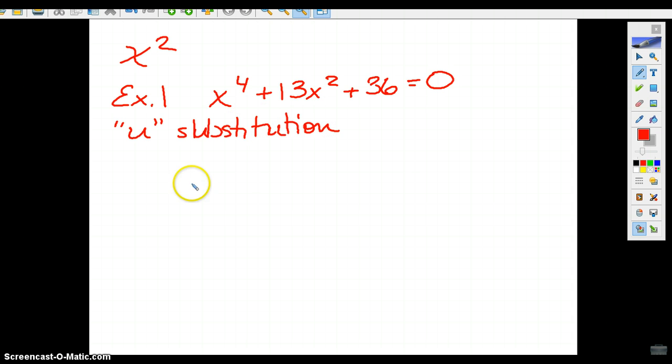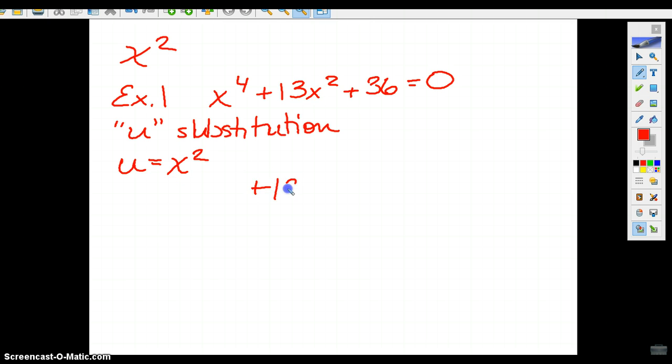Okay? And so what I'm going to do is look at this and see if I can change this into a u squared somehow and change this to a u. Well, if I look at x squared and I square it, do I get x to the 4th? I do. So that's what allows me to say, okay, I'm going to make u equal to x squared, and then I'm going to rewrite my equation.